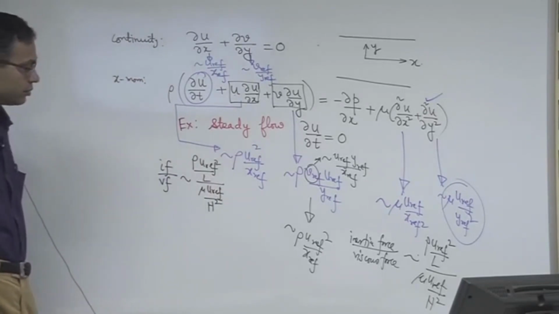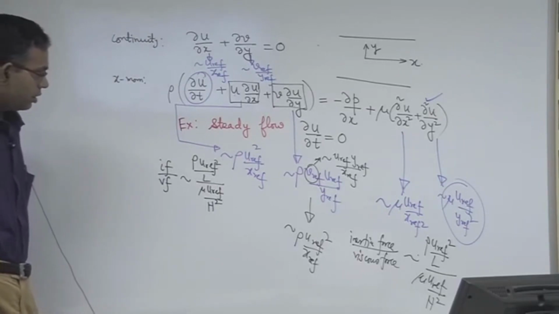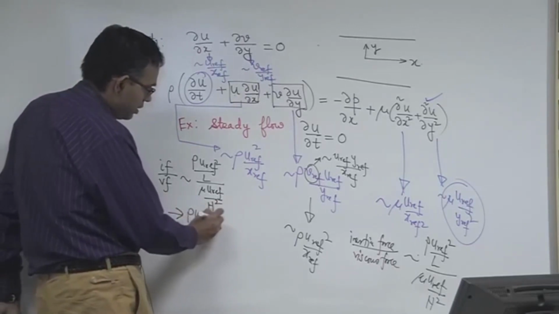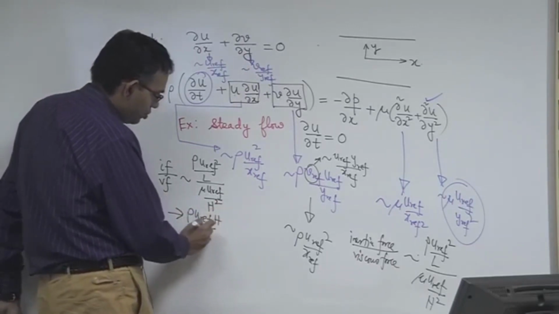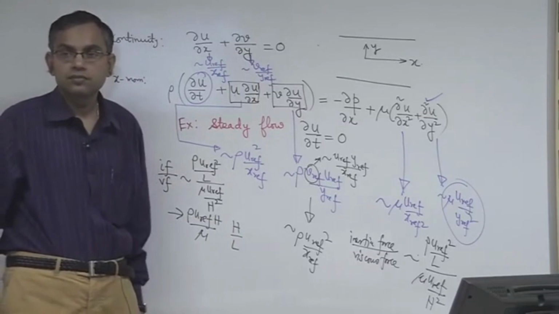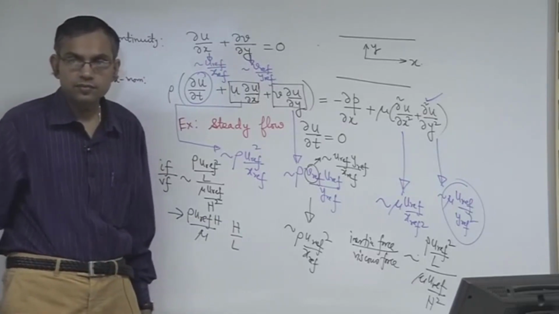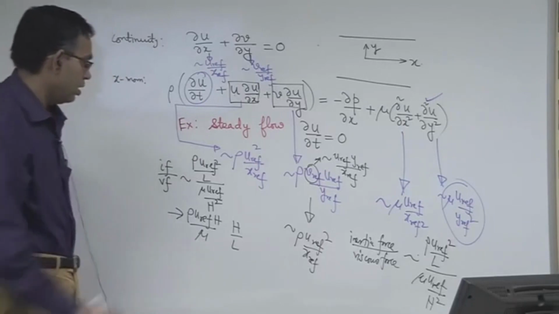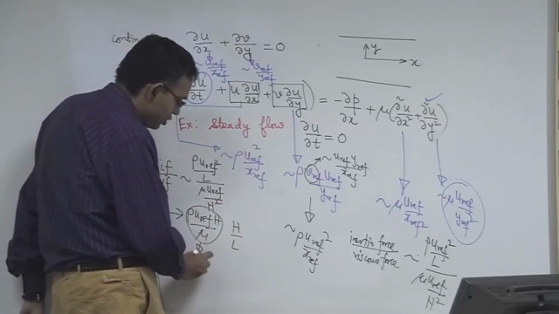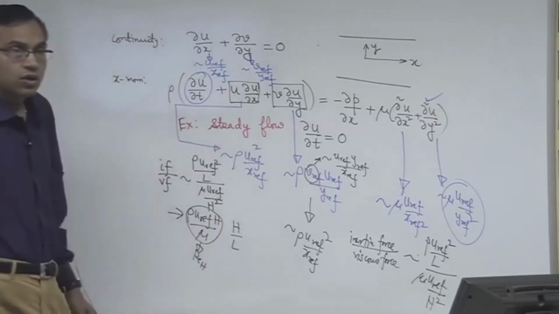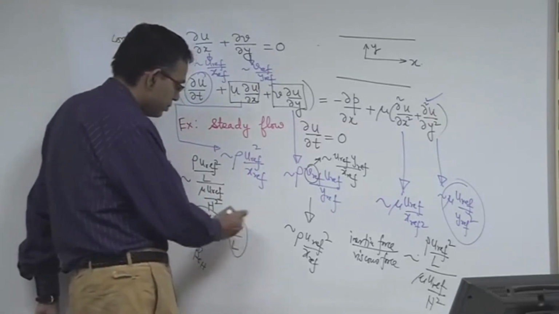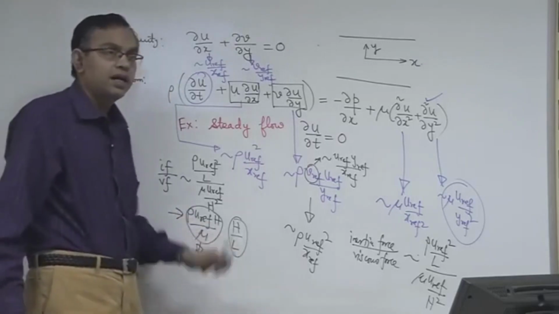So, this is rho u reference h by mu into h by L. So, if h is the characteristic length scale of the channel, this is the Reynolds number based on h. So, you can see that the ratio of inertia force by viscous force is the Reynolds number into h by L.